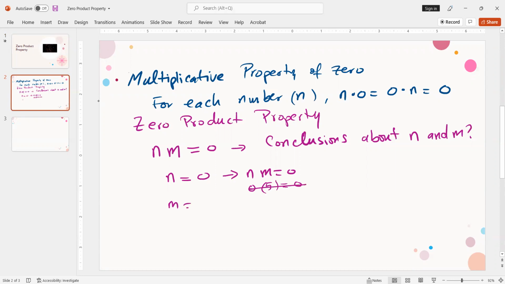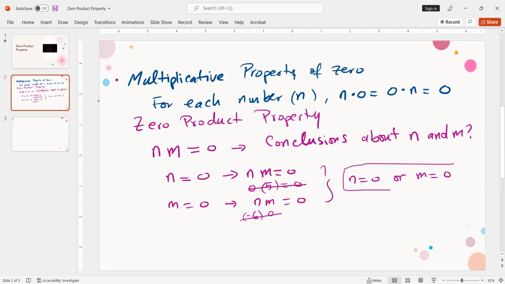If m is zero, then this product again is zero, and n can be, let's say, 6 or negative 6. It doesn't matter. So here the conclusion is n equals 0 or m equals 0. That's the idea that we use.